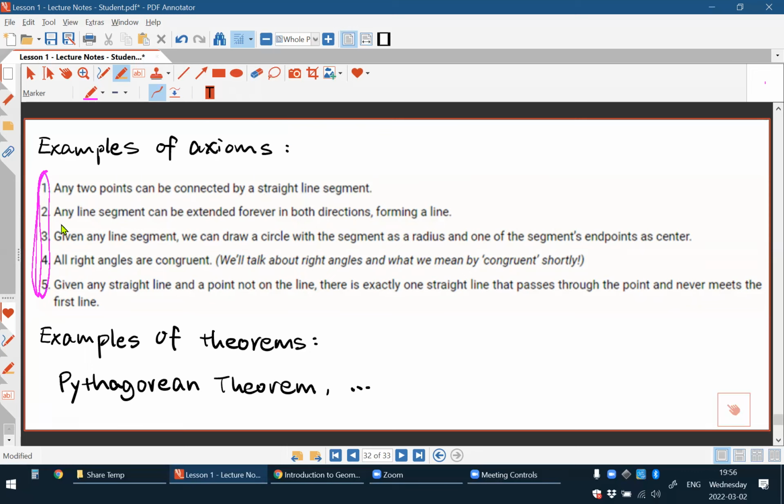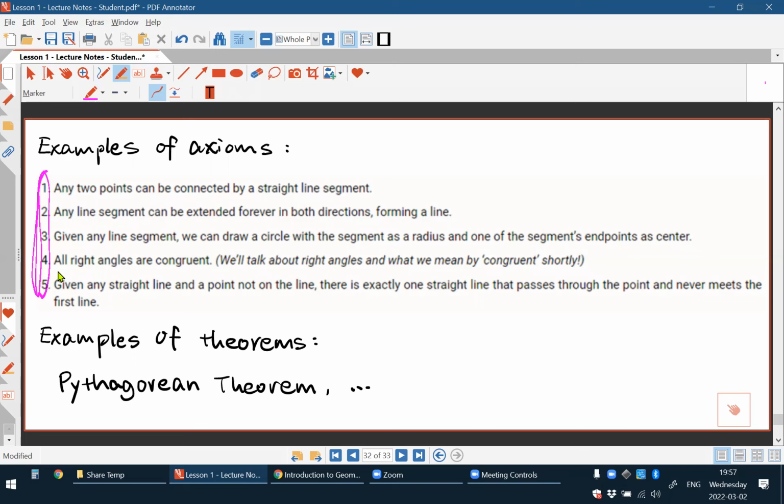A second point, any line segment can be extended forever in both directions, forming a line. This is another axiom. So you can think of it as an atom in geometry, okay? An atom element cannot be divided any further. And point 3, given any line segment, we can draw a circle with the segment as the radius, and one of the segment endpoints as center.